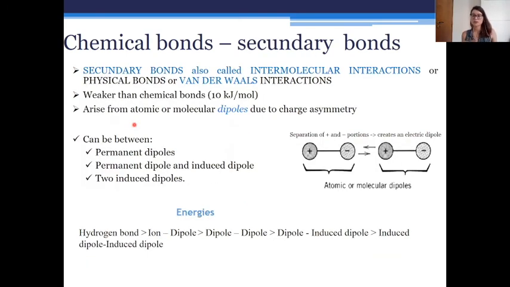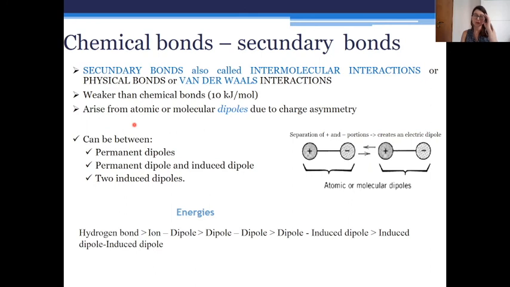So we introduced the primary bonds. Now let's introduce the secondary bonds. They are called intermolecular interactions, or physical bonds, or van der Waals interactions. They are weaker than chemical bonds, on the order of 10 kilojoules per mole, and arise from atomic or molecular dipoles due to charge asymmetry.